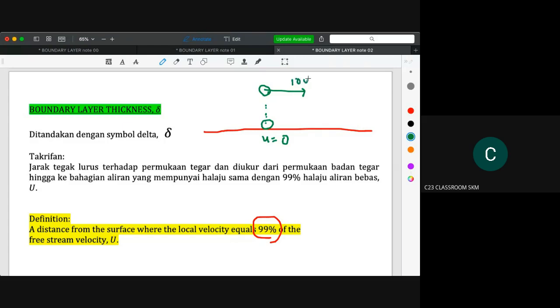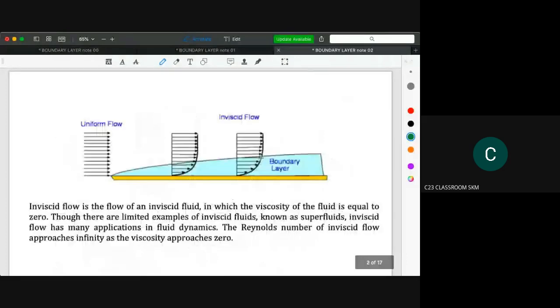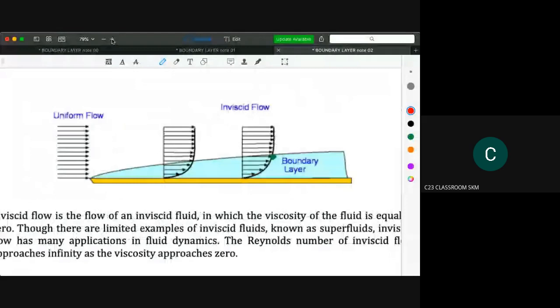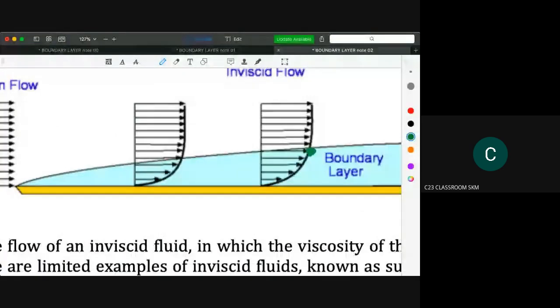We cannot take the 100%, so we take the molecule which only has 99% of the free stream velocity. So the locus here is actually 99% of the velocity, and this is the 100% velocity. This is maybe a simple idea to show where the boundary layer is.